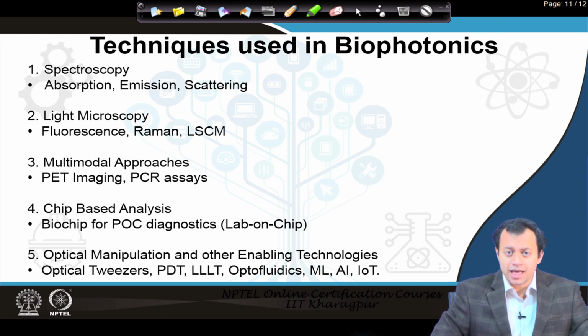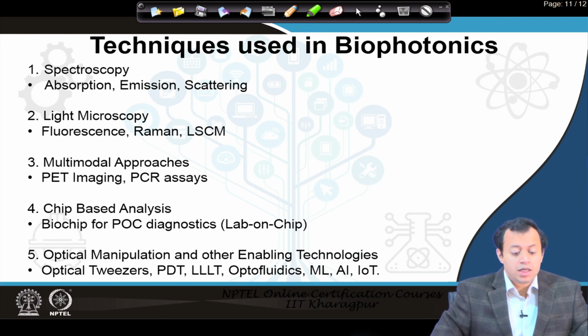Of course, microscopy has to be there. Fluorescence microscopy, Raman microscopy, laser scanning confocal microscopy is there. This is where we image at a very high resolution, and utilizing spectroscopy we thereby try to understand the nature of the object or the biological component that we are imaging.